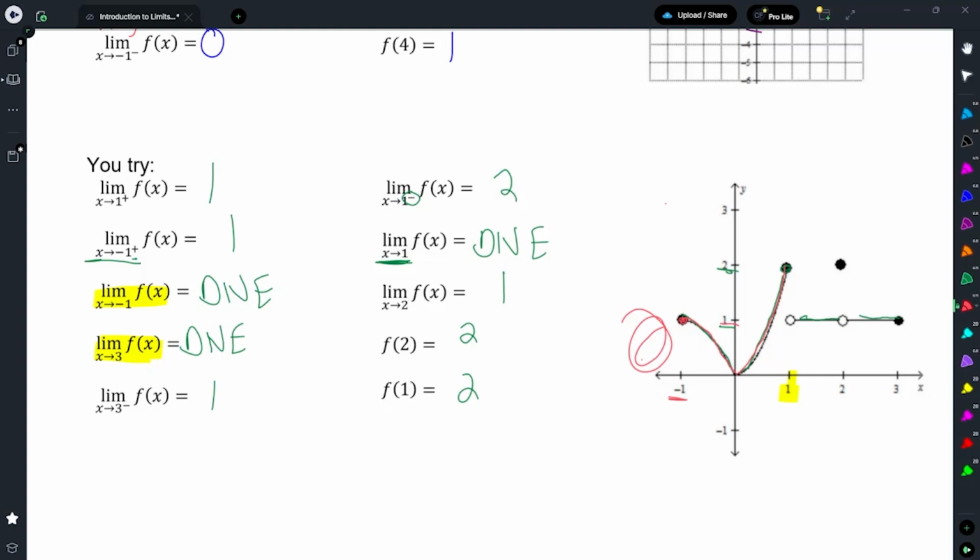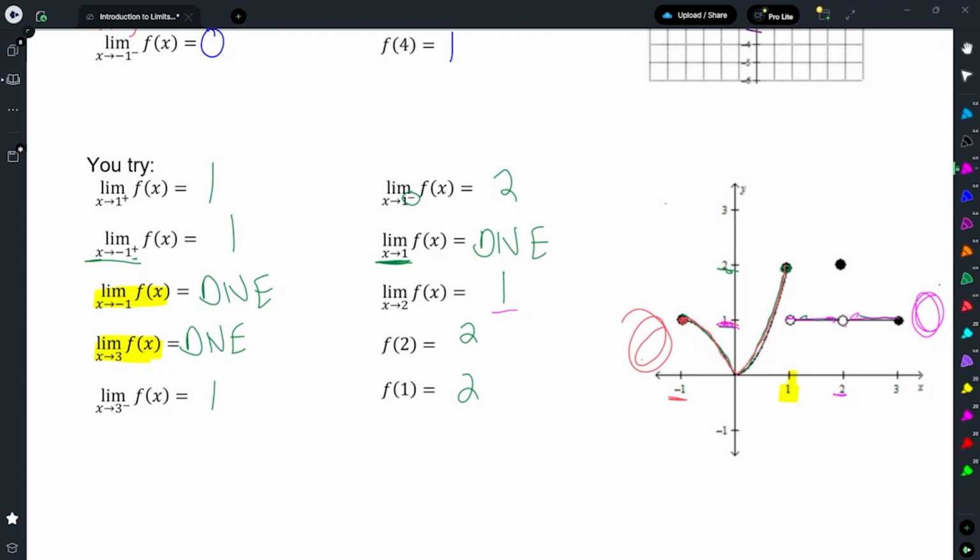The limit as x approaches 2 is equal to 1 because here's x equals 2 right there. And as we get closer to that following the graph, the y values get closer and closer to 1. So that's why it is 1. The limit as x approaches 3 does not exist because we don't have a right-sided limit to approach the function.